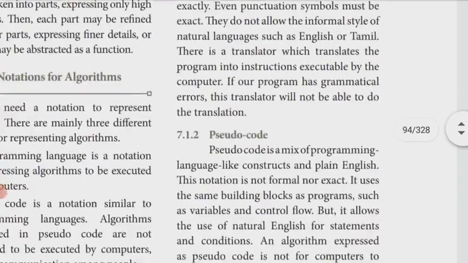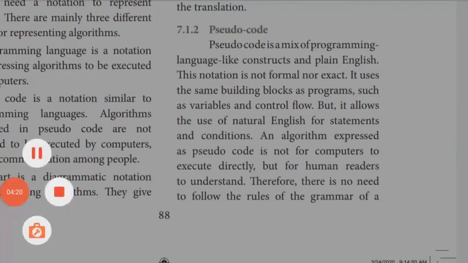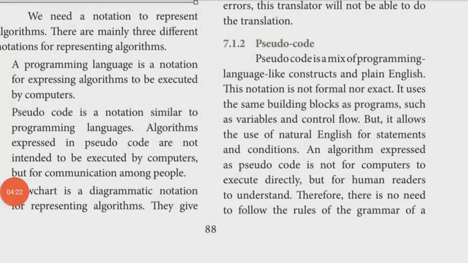The next one is pseudo code. Pseudo code is just like a programming language, but here we are not following any rules. You have to explain it in short notes.